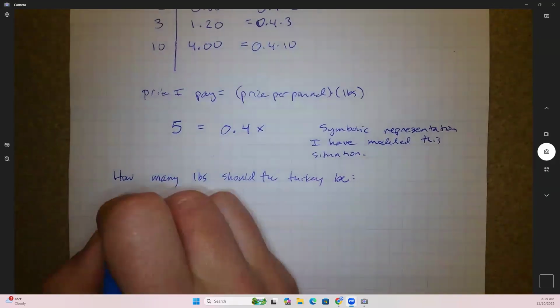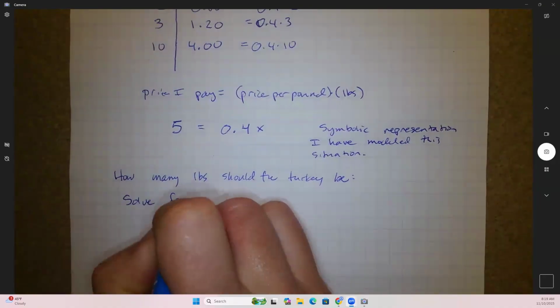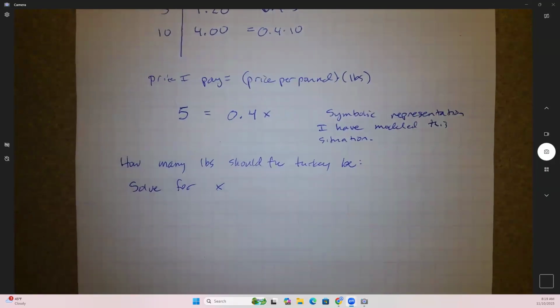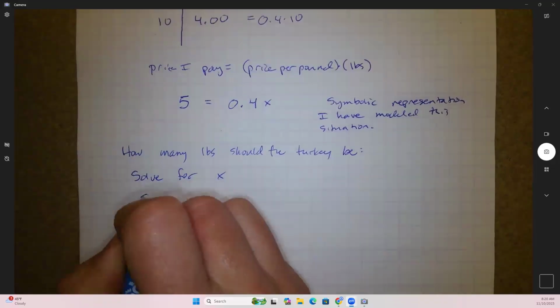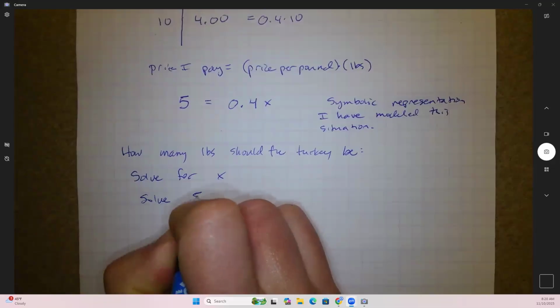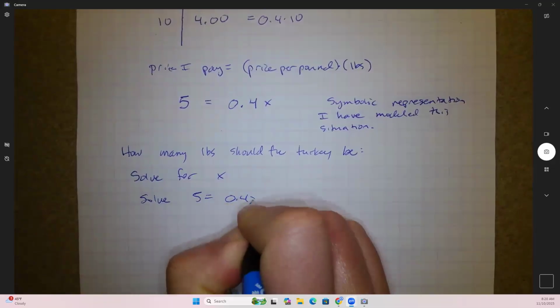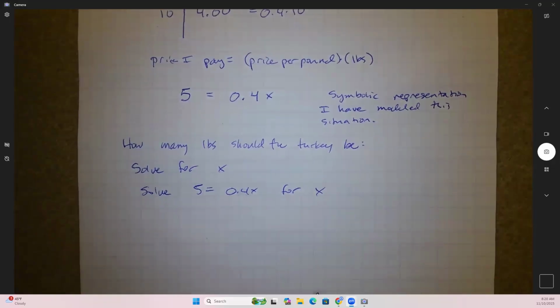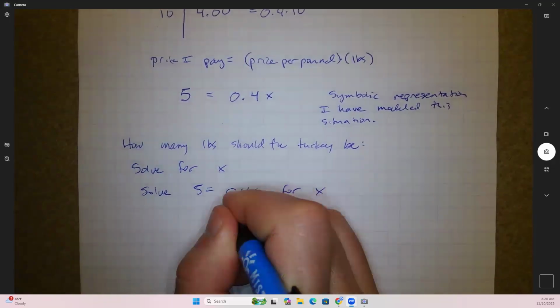In a mathematical sense, I want to solve for X. So I'm going to solve my equation. 5 equals 0.4x for x. We don't use decimals a lot in this class, but a decimal is a number just like any other number.